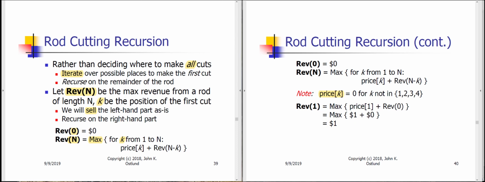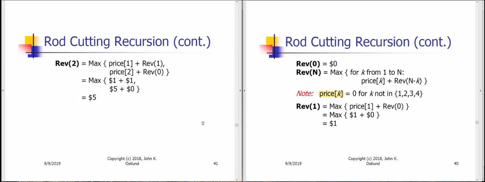Therefore, our maximum revenue is going to be the price that we can get for the 1 foot piece, which is $1, plus the price that we can get for the 0 remaining feet, which is $0. Well, the max of $1 is just $1. So the maximum revenue that we can possibly get if our supplier gives us a 1 foot piece of rebar is $1. Let's suppose that our supplier gives us a 2 foot piece of rebar.